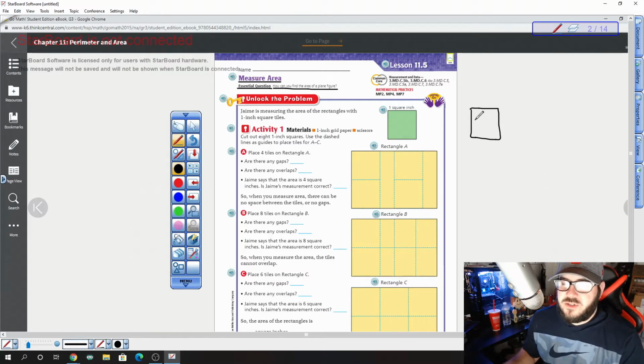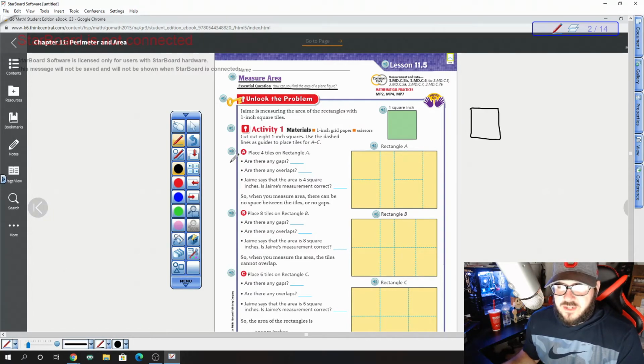You also can find 1-inch grid paper at certain stores, and you would just be able to cut out the squares without having to make them yourselves. But you don't need to do this. This is just something we would be doing at school, but we obviously have different circumstances that might not allow you to do this. So that's completely okay.